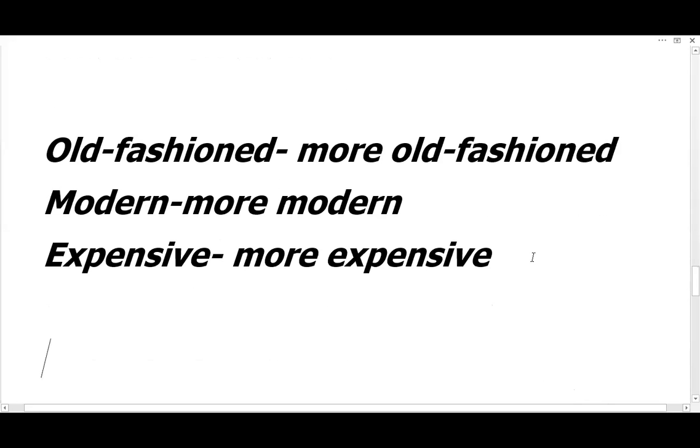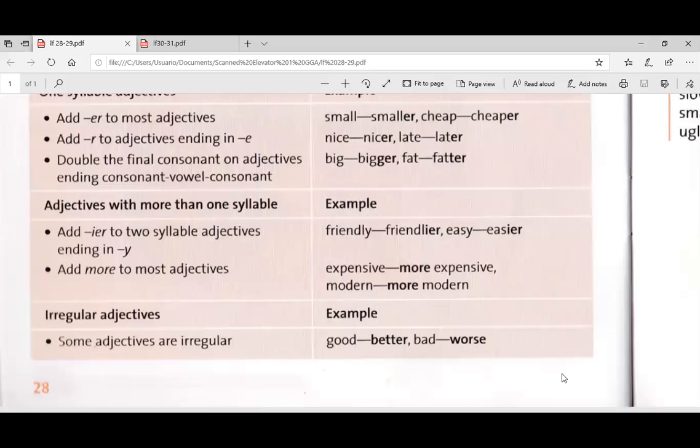Okay, so this is what we have. And these are the comparative adjectives. There is only one more exception, and you need to understand this part. So I'm going to show you some adjectives over here. The final point, some adjectives are irregular. So you don't say good, gooder, or bad, badder.